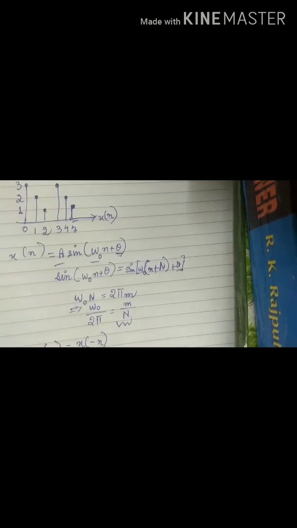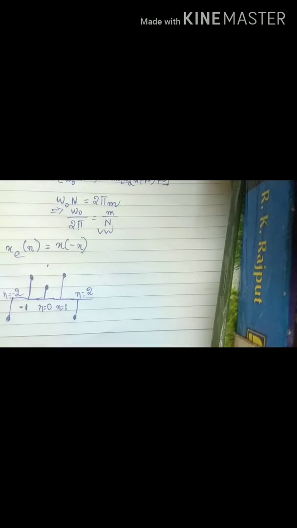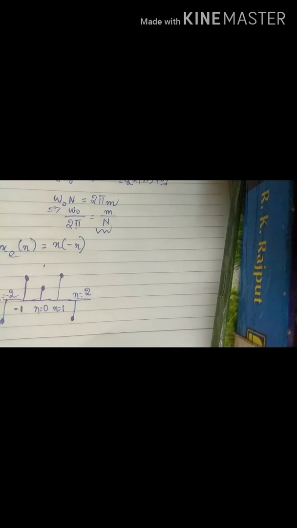Then at n equal to minus 2, again you can find that these samples have the same amplitude. So this is an example of an even or a symmetric signal.